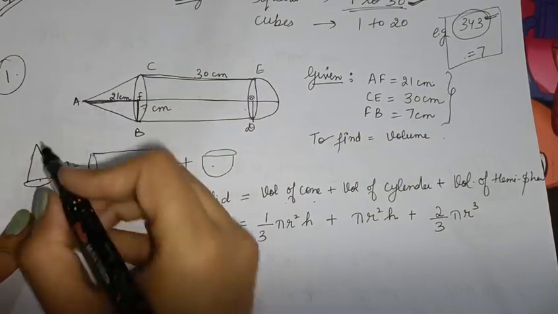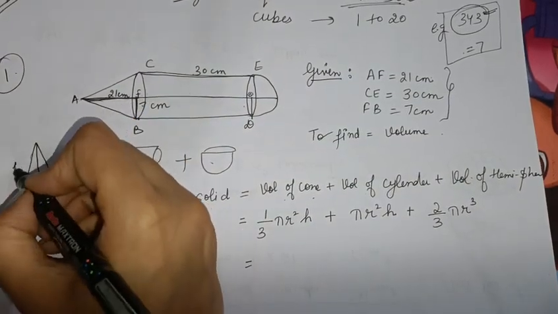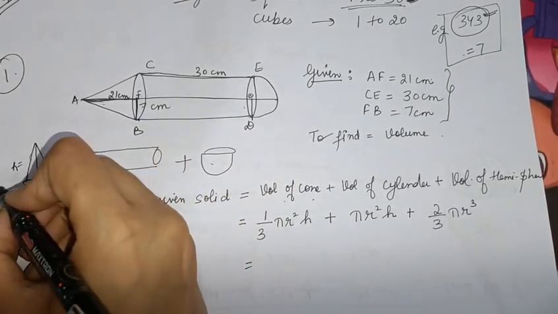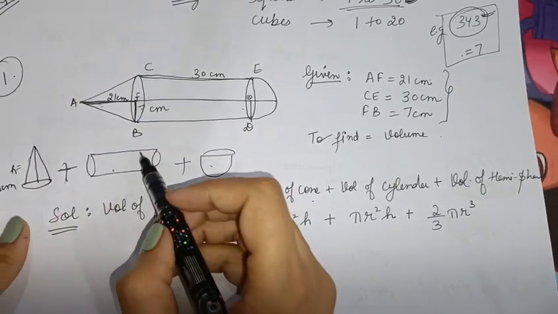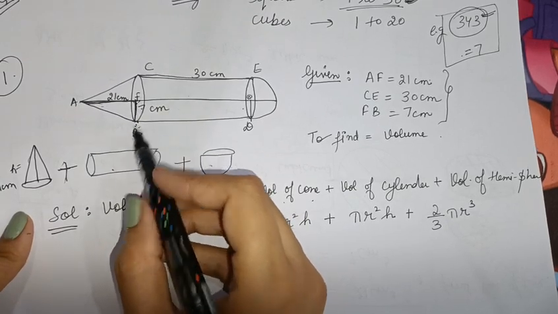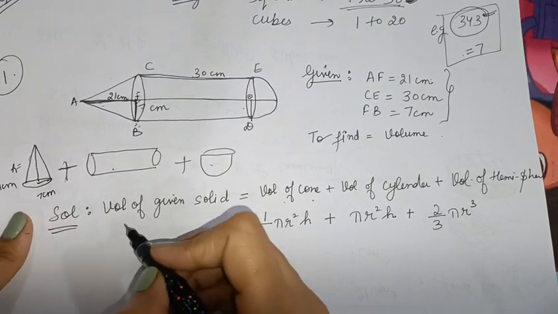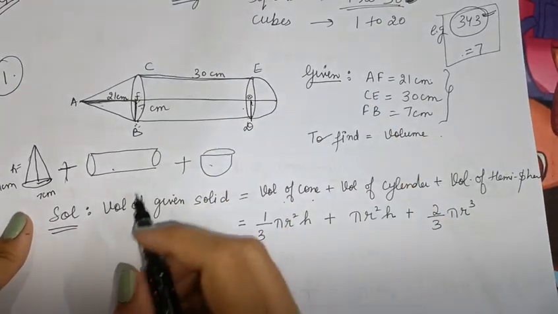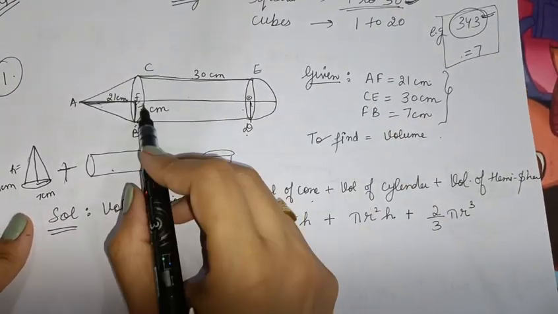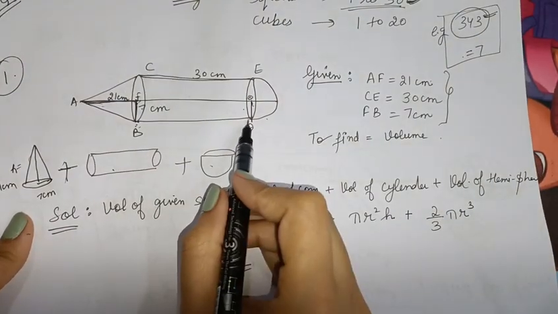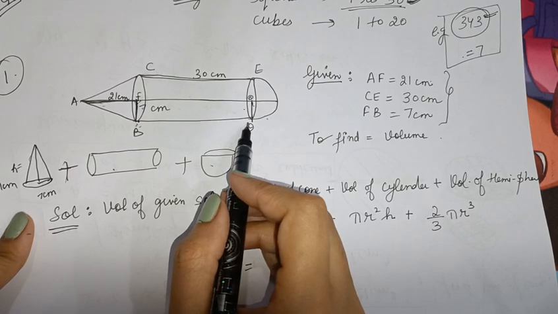This AF is height of the cone, so h is equal to 21 centimeter. Then radius, FB is radius, and radius value is 7 centimeter. Here also it will be 7 only, because it's the same radius, and for all the three the value of radius is 7, because it's clearly visible in the figure.